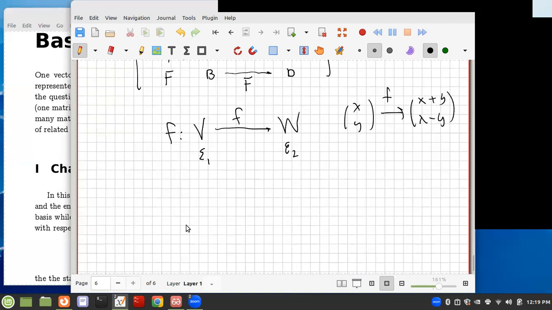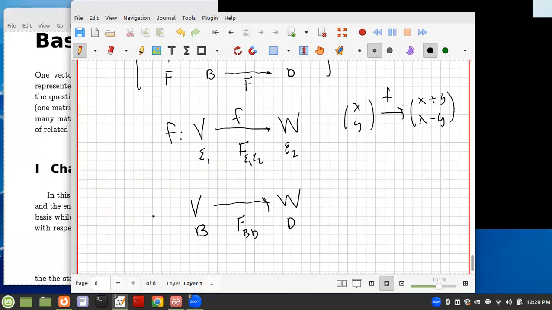So what I want down here is this map where I take this in basis B and basis D. What's the map down here? What's the matrix down here? FBD, where I'm choosing different bases, right?